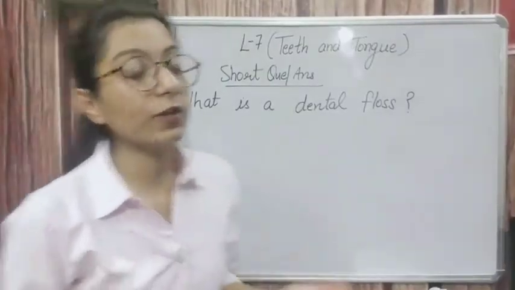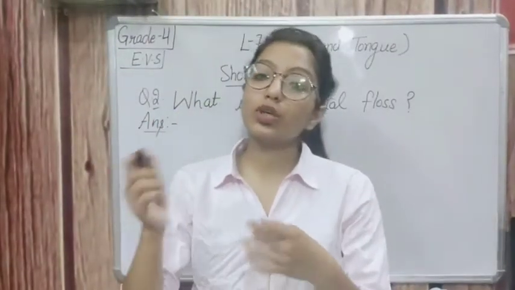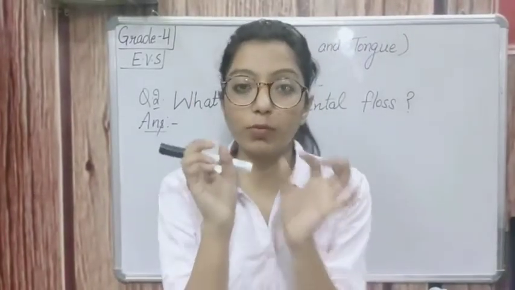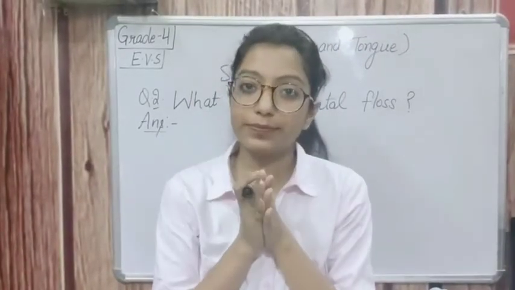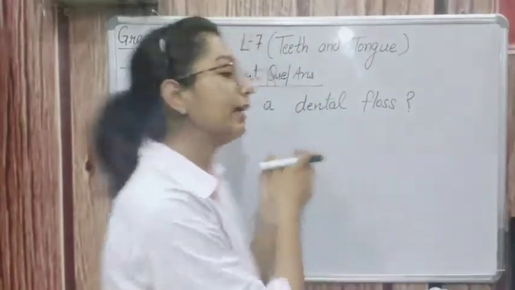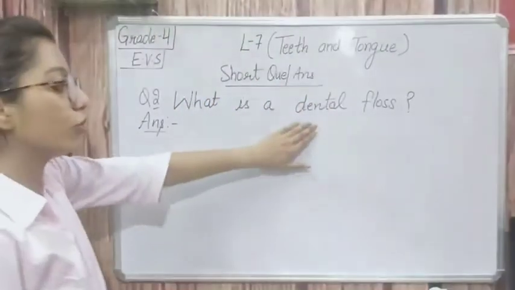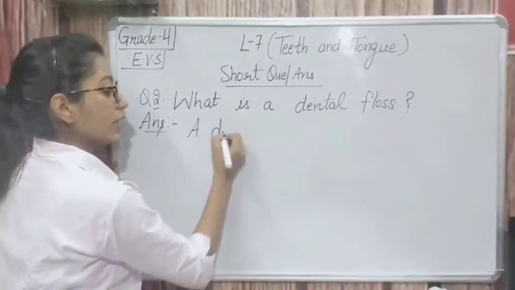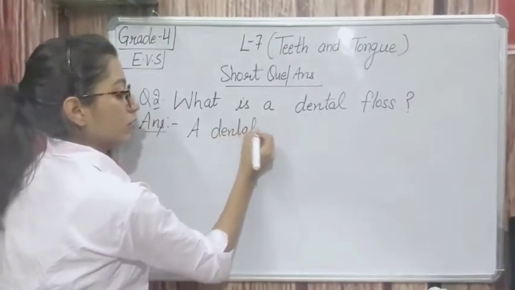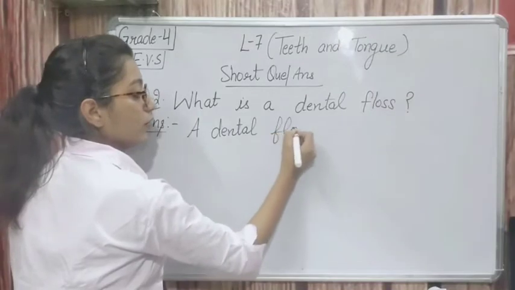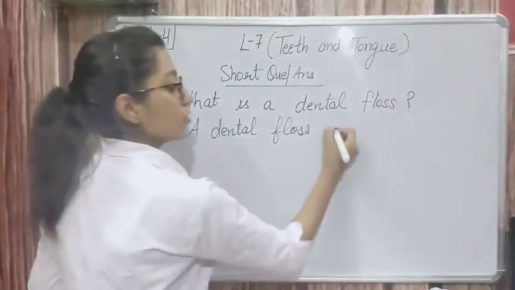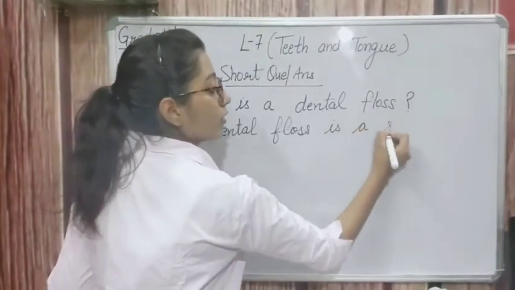You know, dental floss is a string which is used to remove the food particles from between the space of the teeth. So now write this with me. What is a dental floss? Question is this. Now answer. A dental floss is a string.